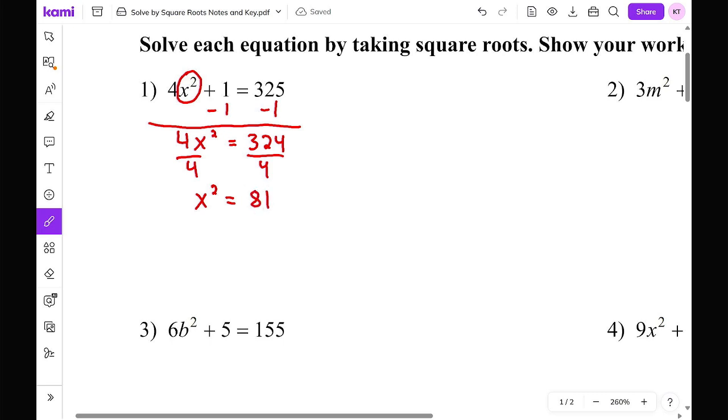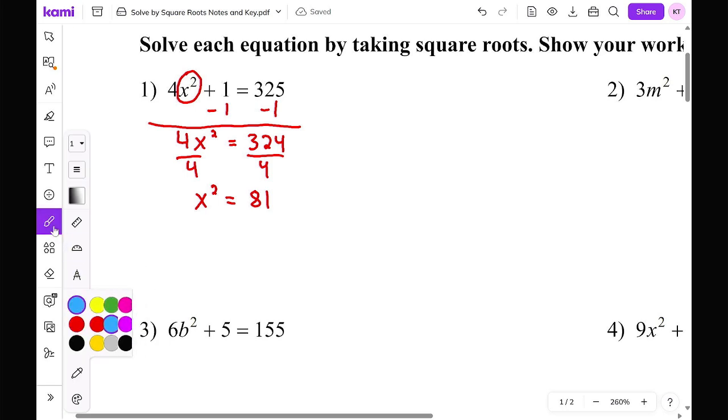All right, so this is the point that we want to try to get to on each one of these square root equations. Numbers 1 through 6, which we're going to do, are going to be set up like this. Once we get there, this is where we solve by now taking a square root, because the opposite of a square is a square root.